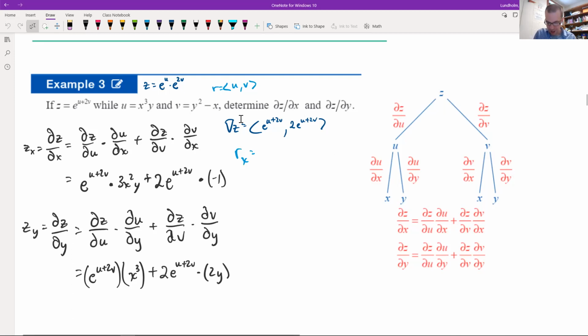So we would go component-wise, and take the partial derivative of u with respect to x, which would be 3x squared times y. And then we would take the partial derivative of v with respect to x, which would just be -1.